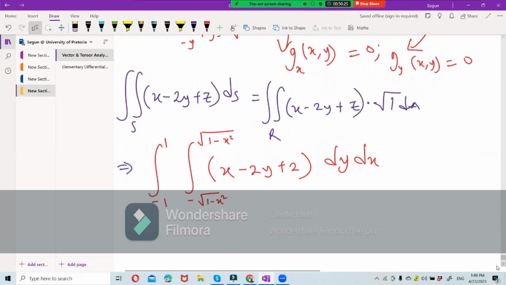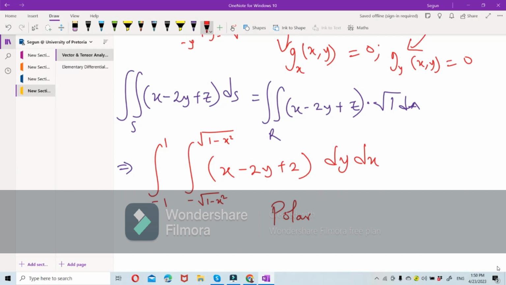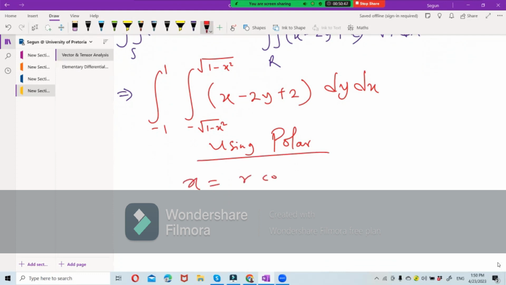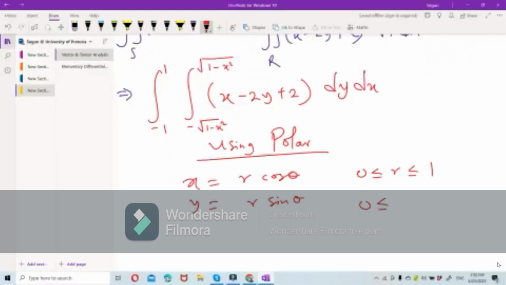But for us to make life simple for ourselves, we now move into polar. We do it using polar form, the way I did it the other time. We are still going there now. So using polar, we have x equals r cos theta and y equals r sin theta. But don't forget, you have 0 less or equals to r less or equals to 1, and we have 0 less or equals to theta less or equals to 2 pi.